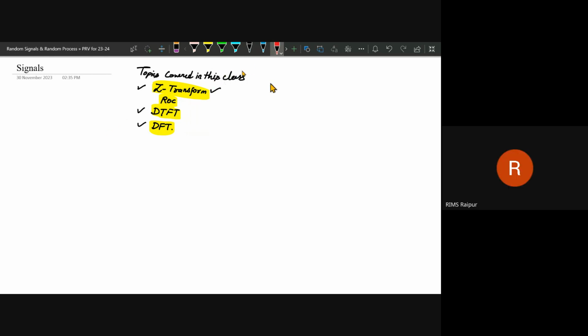What are the transformation techniques? Basically, any transformation tool in mathematics is used to convert a function from one domain to another domain. Let's discuss first the Laplace transform, in short form LT. What is Laplace transform?